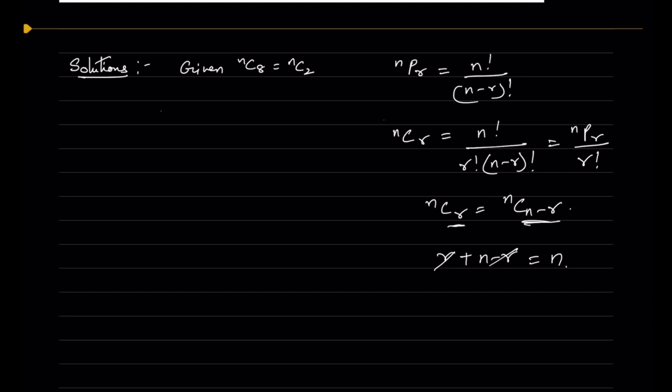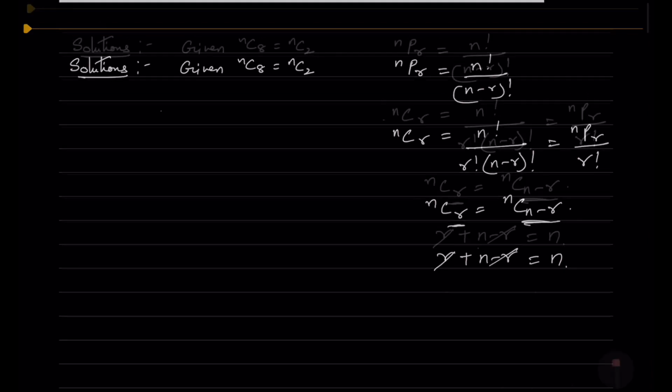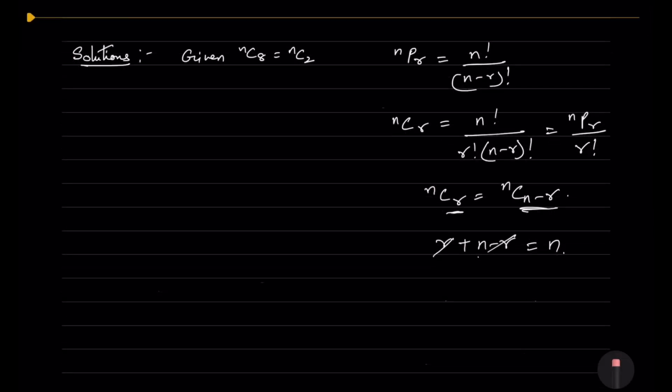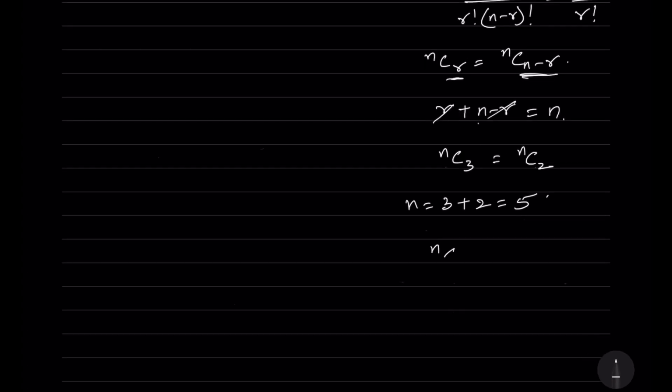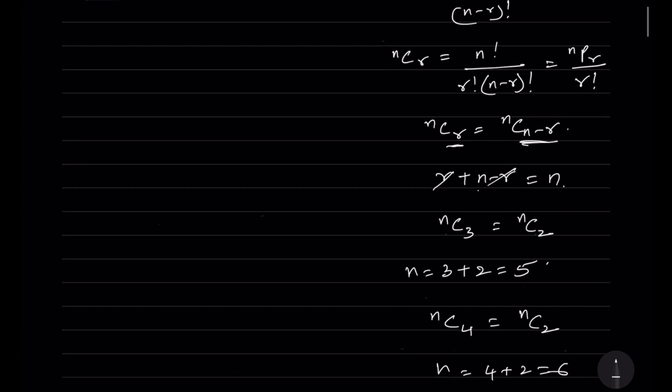Suppose we take an example: if nC3 is equal to nC2, then n is equal to 3 plus 2, which is 5. If nC4 is equal to nC2, then n is equal to 4 plus 2, which is 6. This is how we find n.